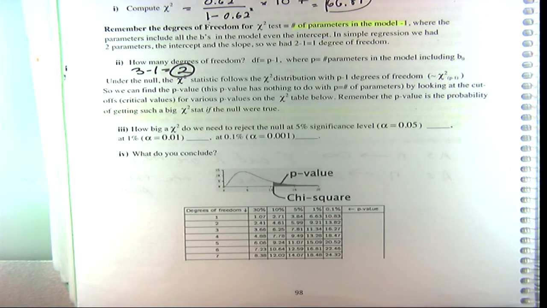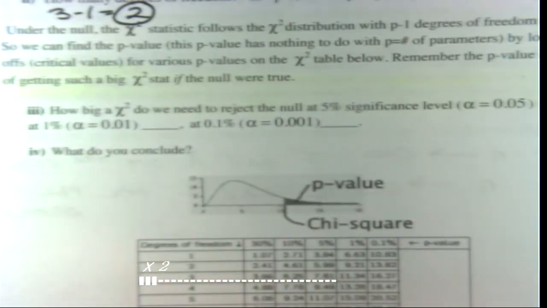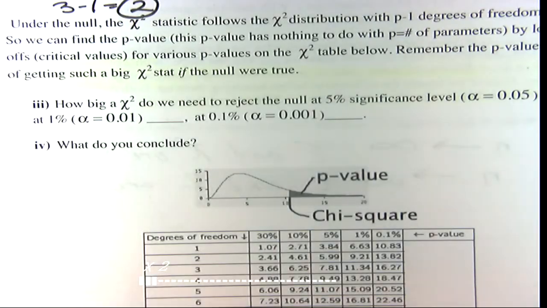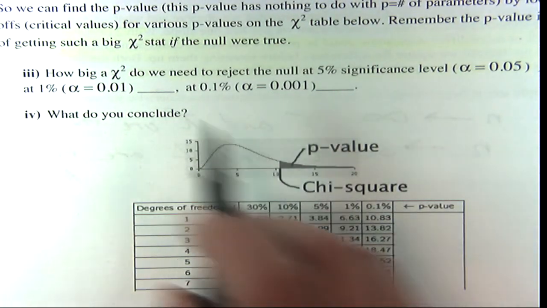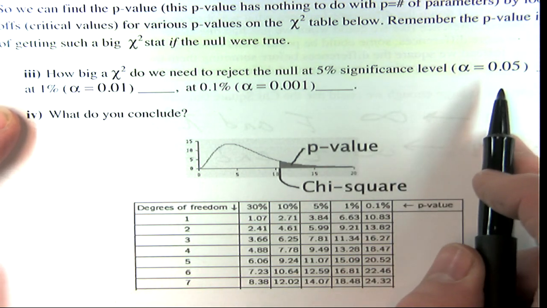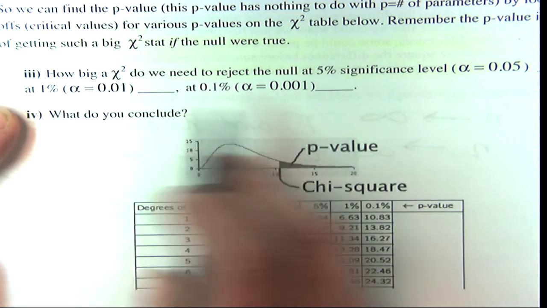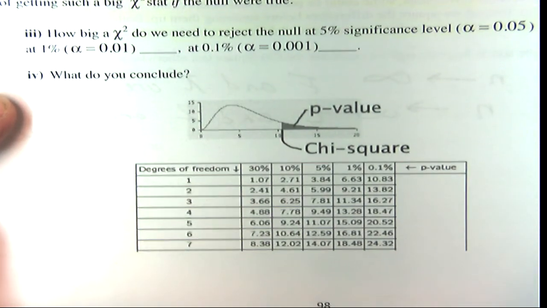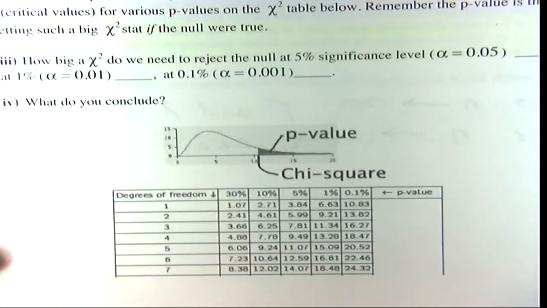I think I asked an iClicker question about this, but let's zoom in a little bit. You can't even see this. How big a chi-square do we need to reject the null at the 5%, at the 1%, and at the 0.1%? And what do you conclude?